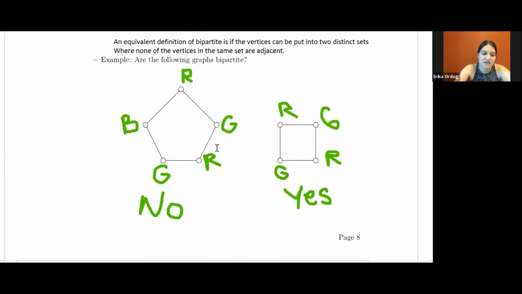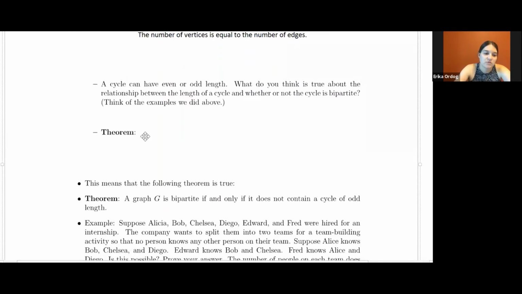So this first cycle had odd length, and it was not bipartite. The second cycle had even length, and it was bipartite. Okay, and in general, that's going to be true. So a cycle is bipartite if and only if it has even length.